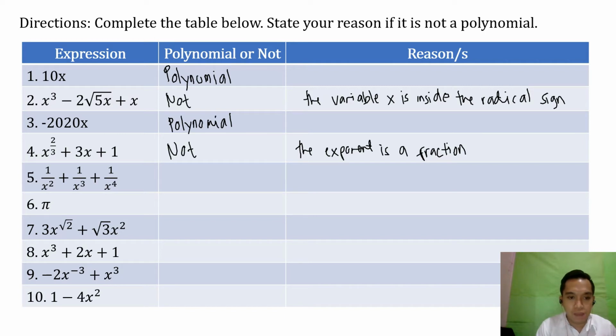What about number 5? We have 1 over x squared plus 1 over x cubed plus 1 over x to the 4th power. Number 5 is not a polynomial since the variable is the denominator.